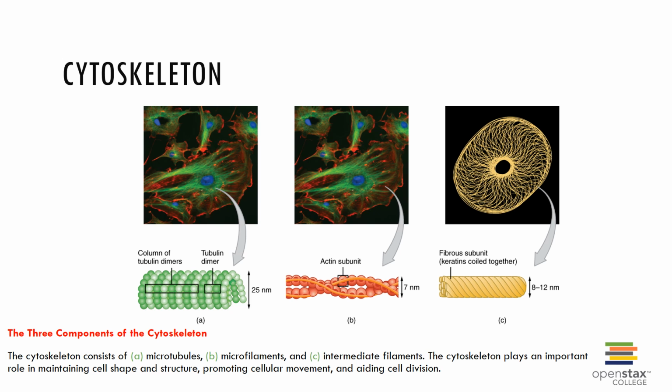Microtubules are hollow tubes, and they determine the overall shape of the cell and distribution of organelles. Intermediate filaments are tough, insoluble, rope-like protein fibers, and they resist pulling forces on the cell.